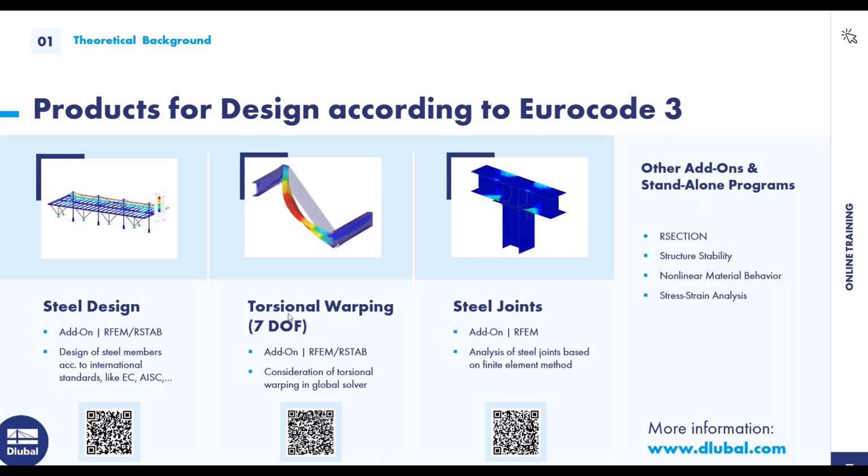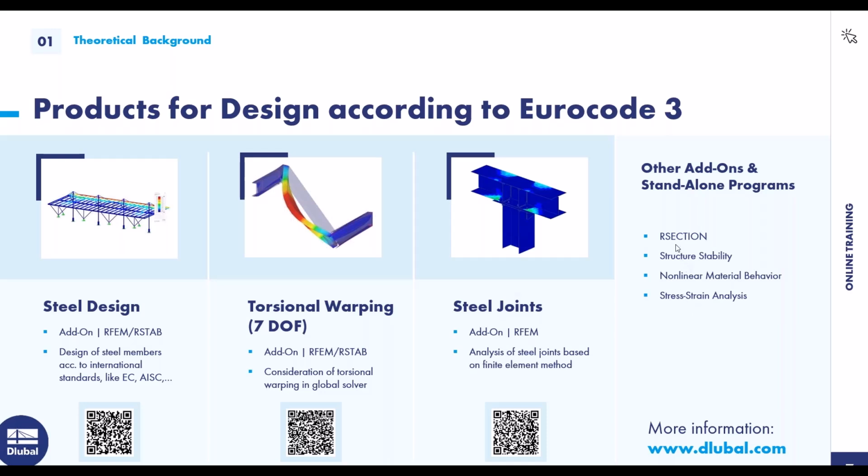Then there's the add-on Torsional Warping. With that add-on, you can consider the 7th degree of freedom, the torsional warping. Then Steel Joints. With that add-on, you can analyze steel joints based on the finite element method.